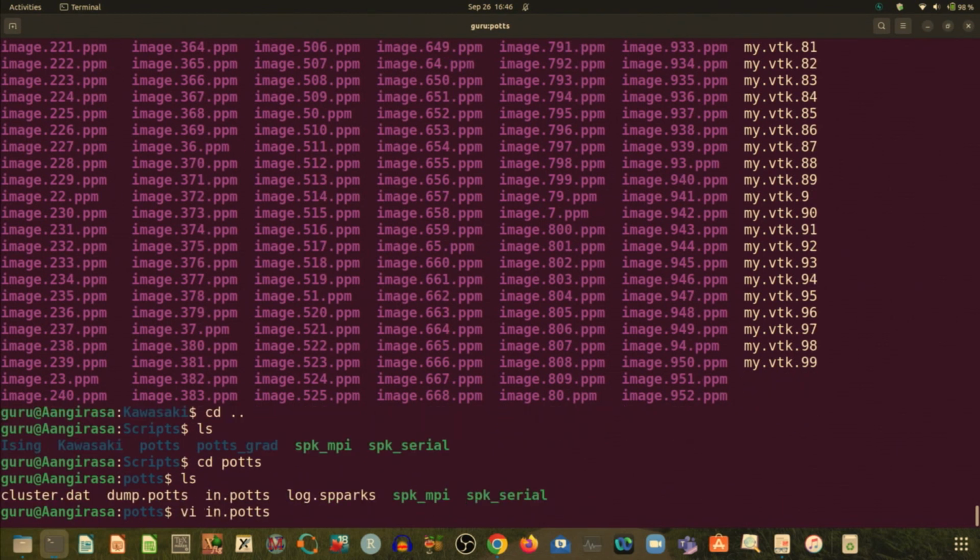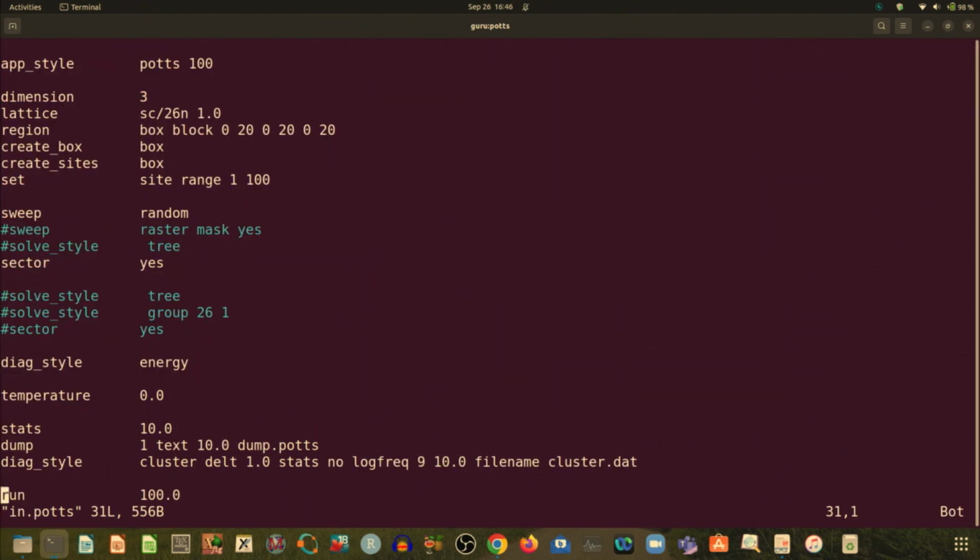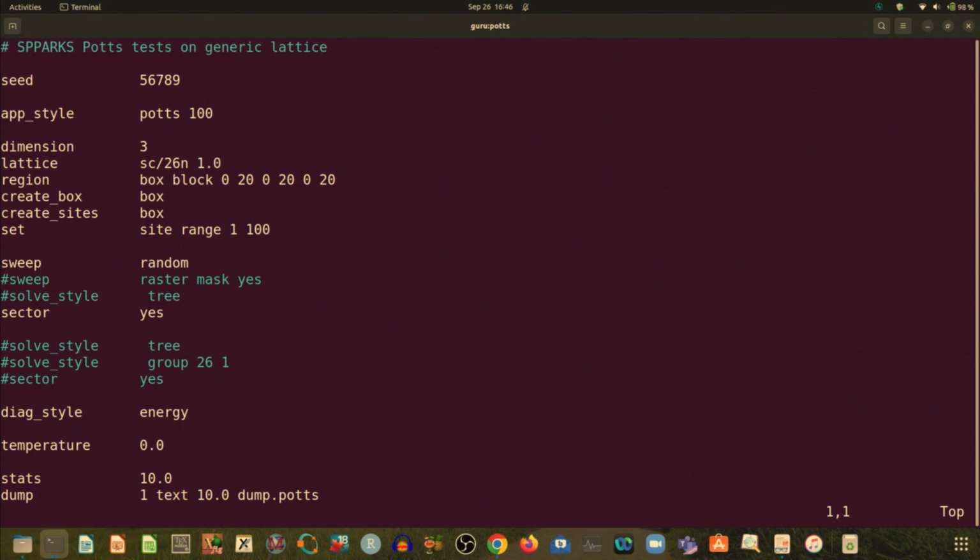Now, in Potts, no different. Have a seed. Now, the app style has become Potts, right? Diffusion is for Kawasaki, Ising is Ising, and Nagarajan now is doing it in 3 dimensions. Simple cubic lattice, how many neighbors?